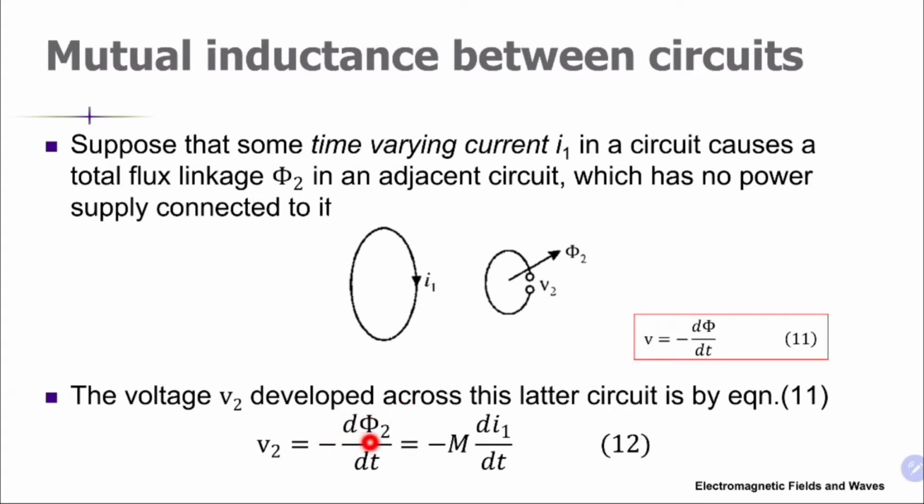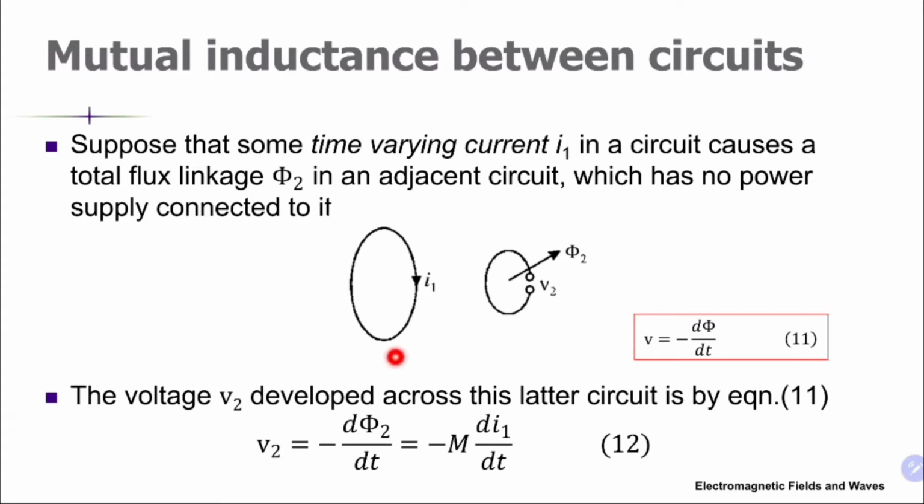And earlier on, when we looked at mutual inductance, d phi 2 by dt will be equal to M di1 by dt. And the current I1 is due to the changes in the current in circuit 1.